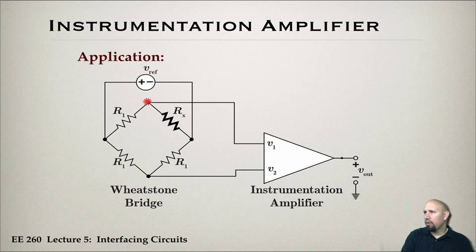I'm sorry, this voltage is greater than that voltage, and that will give us a positive voltage out. Okay, so anyway, you trace the signals around and you find that you have that relationship. So this is an instrumentation amplifier.